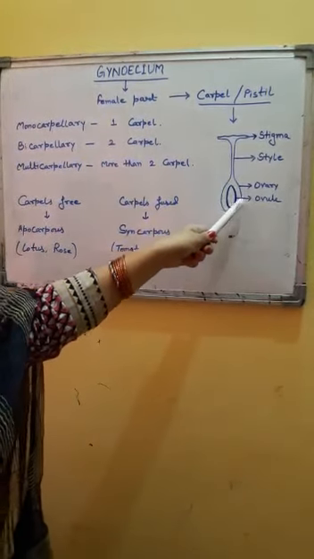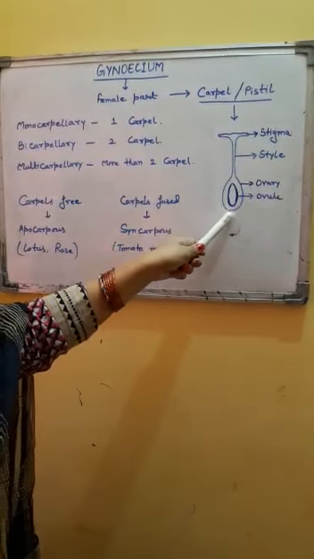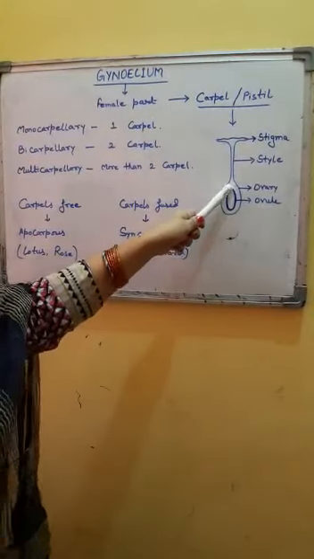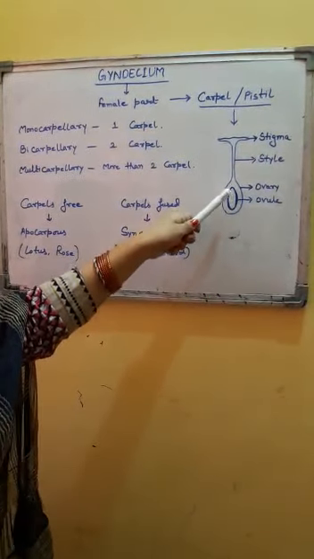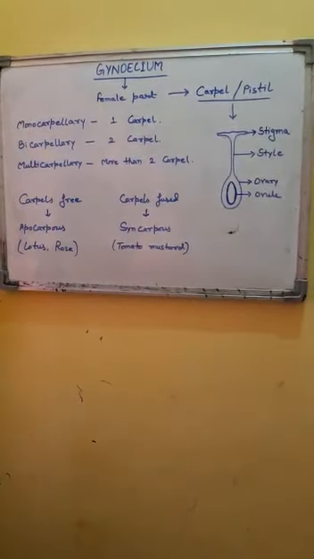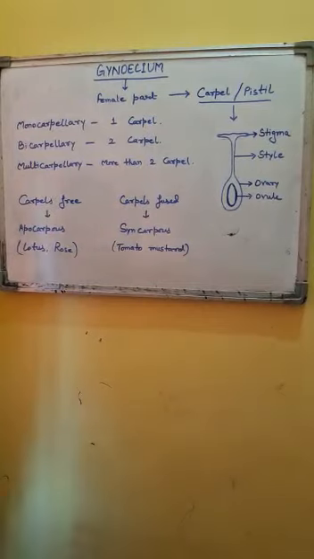If the ovary has one chamber only, it is called unilocular. If the ovary has two chambers, partitioned in two, it is known as bilocular, and likewise multilocular. So these are some characteristics of gynoecium.